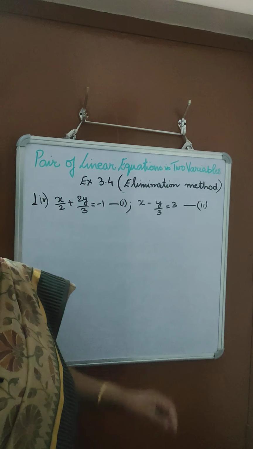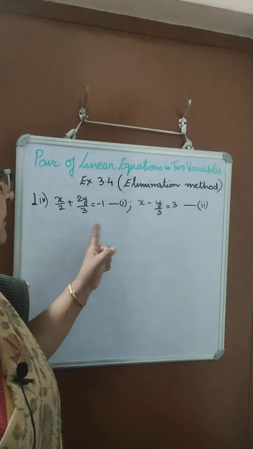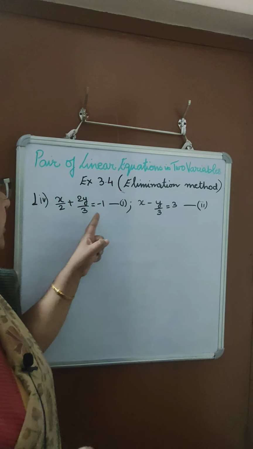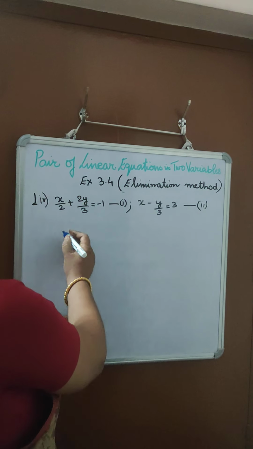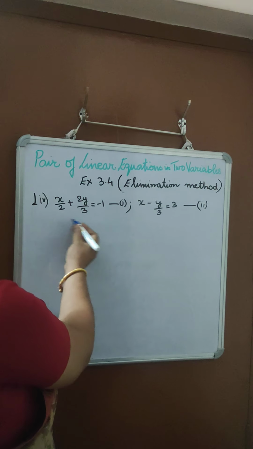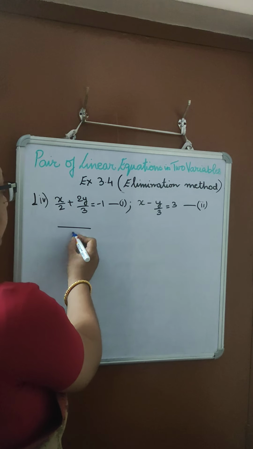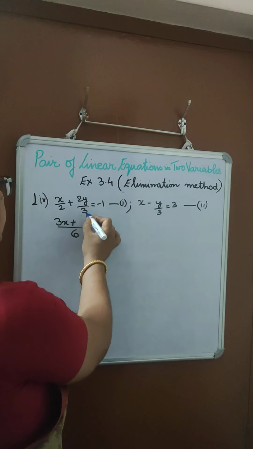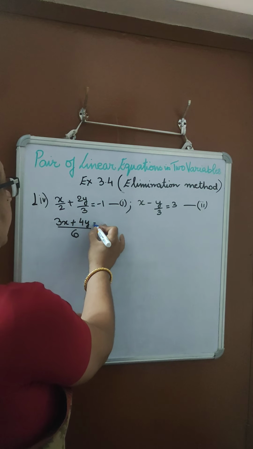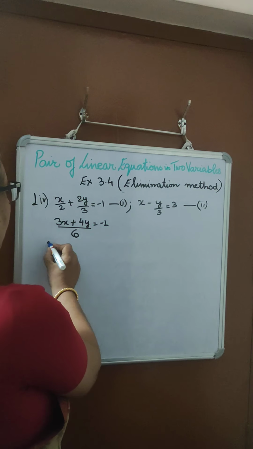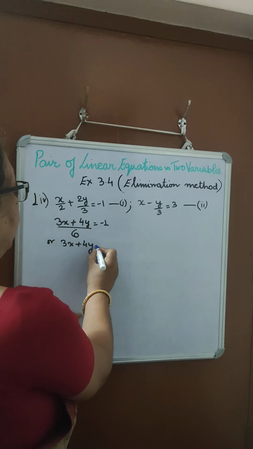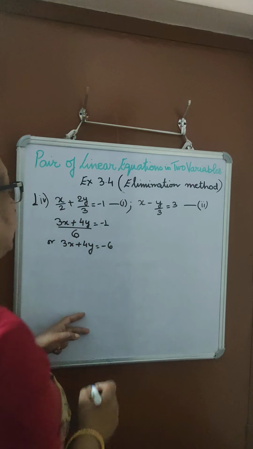Okay, children, we have another sum. Now again we will be solving it by elimination method. Come on, let's see. See the first equation. What do we do here? We first take the LCM. 6. So you have 3x plus 2 4y equal to minus 1, or 3x plus 4y equal to minus 6.